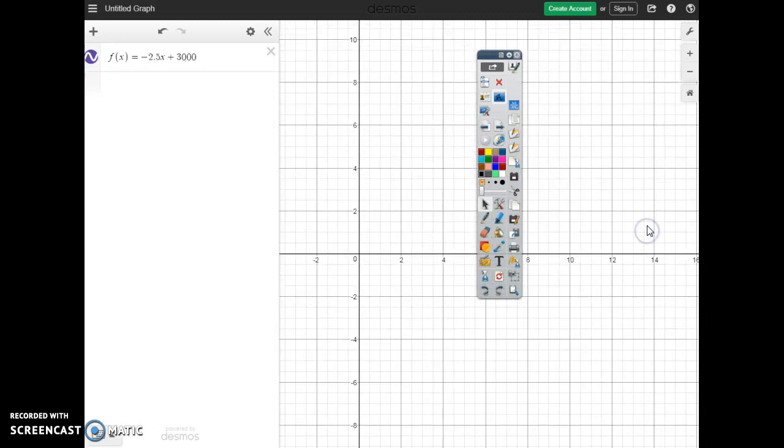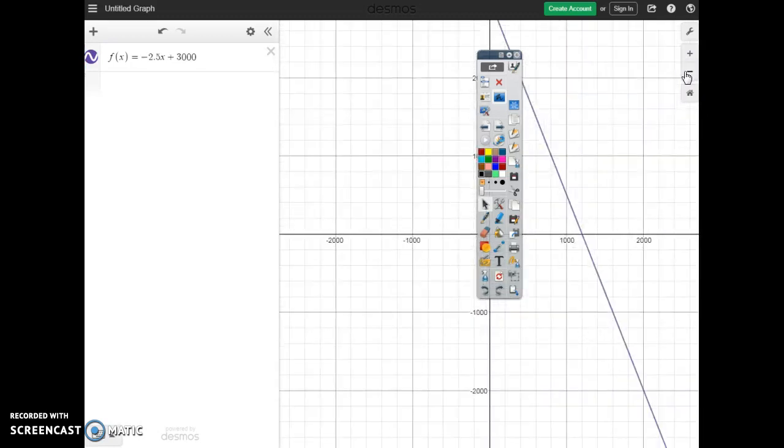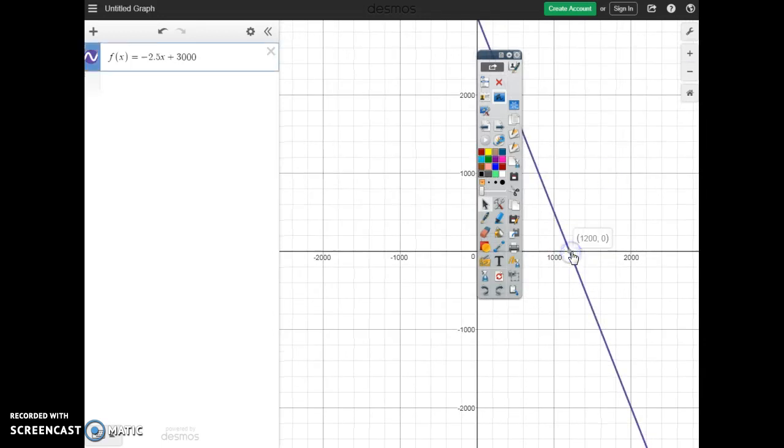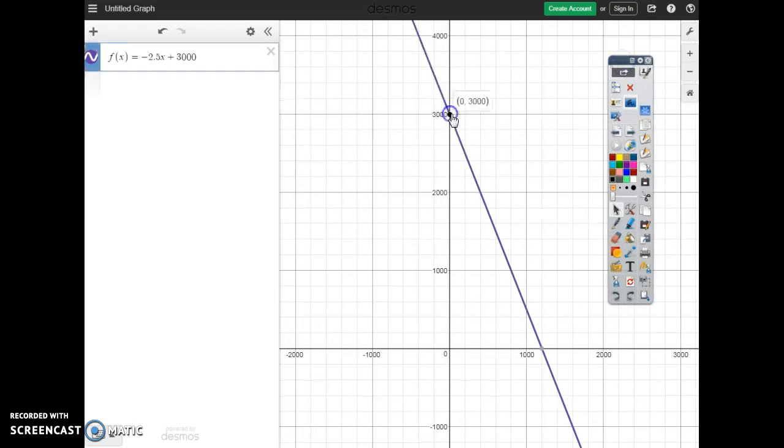So you just have to zoom out until you see it. So right here, that's my x-intercept, my zero, which is 1,200, and my y-intercept is 3,000, and I knew it was going to be 3,000 because it says plus 3,000. That's my y-intercept. Okay, let's go to the back page.